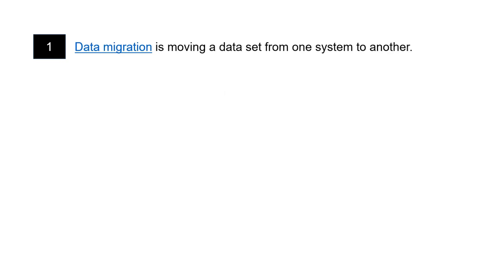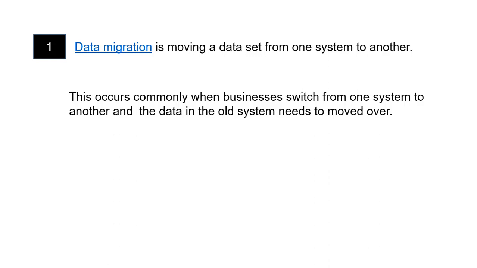First, let us see data migration. Data migration is moving a data set from one system to another. This occurs commonly when a business switches from one system to another, and the data in the old system needs to move over.